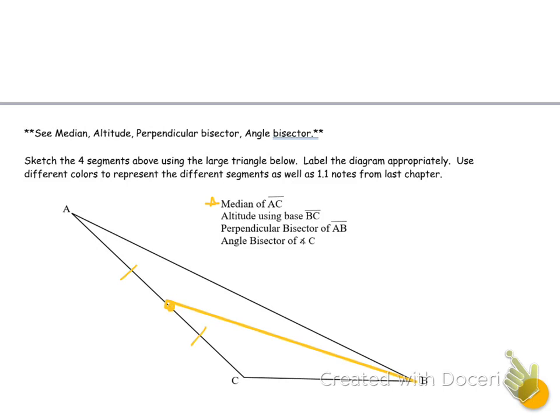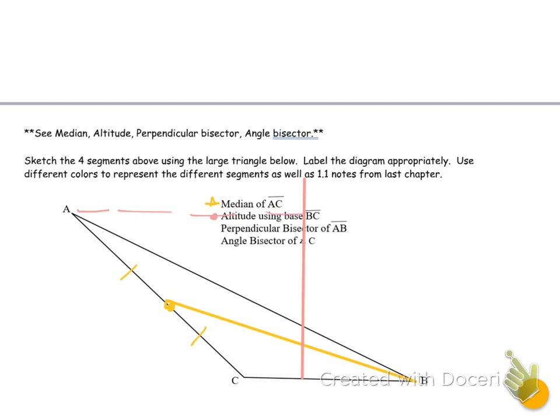Okay, altitude using base BC. An altitude was just a perpendicular line, and I know that I need to use my base BC. So my perpendicular line needs to go straight up. Let's change my color. Then it needs to connect to A, so I'm just going to draw some dashed lines out here.